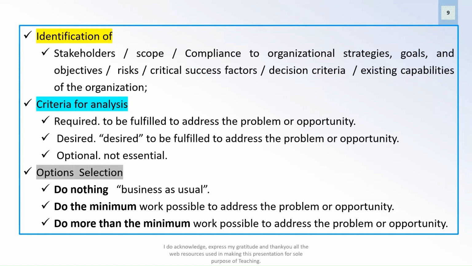The criteria for analysis will revolve mainly around three words: required, desired, or optional. Required means required, either to make the business problem-free or to address the opportunity of growth. Desired could be fulfilled to address the problem or opportunity, but it comes at a lesser priority as compared to required.